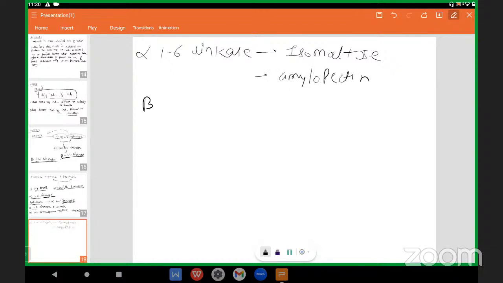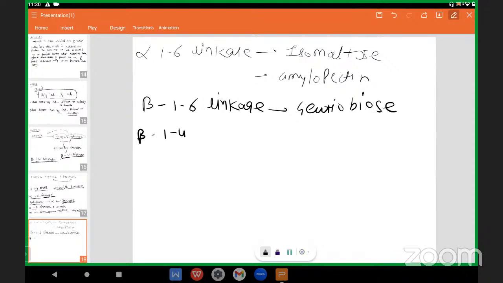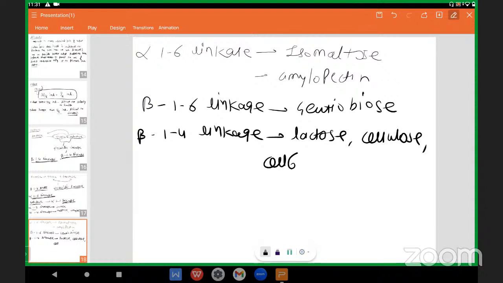Then take the example of compounds having beta linkage, gentiobiose. Take the examples of compounds having the beta 1,4 linkage: lactose, cellulose, cellobiose, and chitin.